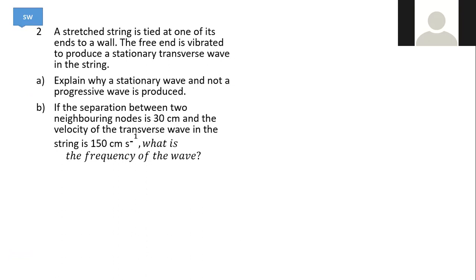A stretched string is tied at one end to a wall. The free end is vibrated to produce a stationary transverse wave in the string. Explain why a stationary wave and not a progressive wave is produced.